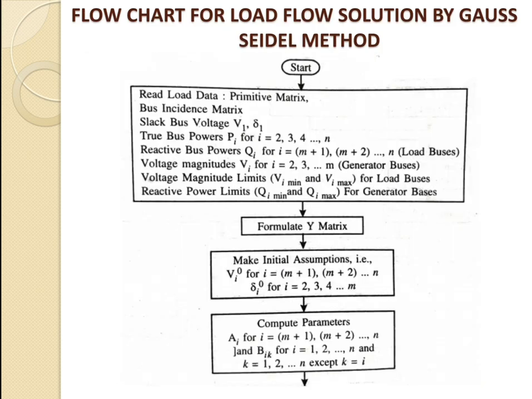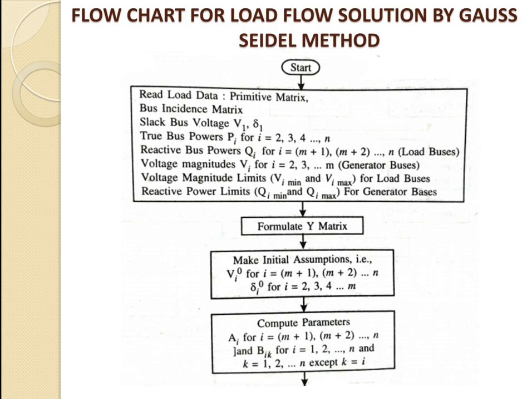Also read the load data, primitive matrix, then bus incidence matrix, and the slack bus voltage V and delta specified for the slack bus. Then the real bus powers Pi for i equal to 2 to n, then reactive power Qi for i equal to m plus 1, m plus 2 up to n, considered as load buses. Then voltage magnitudes Vi for i equal to 2 to m, the generator buses.